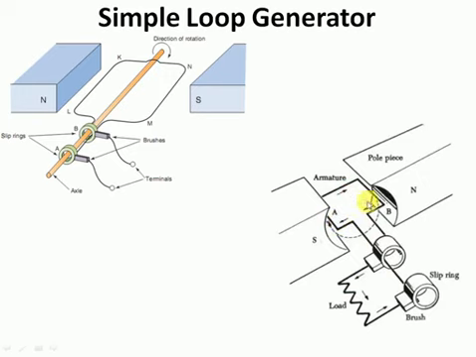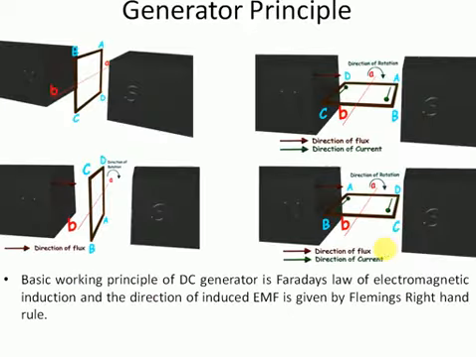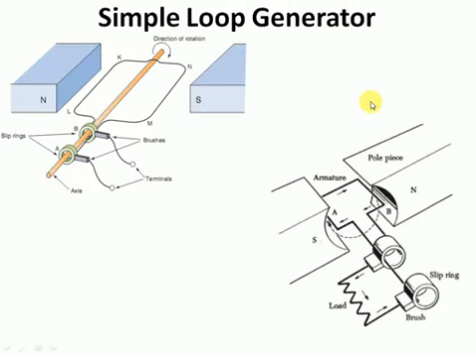The direction of current will be like this during this position, and after 180 degrees of rotation definitely the direction of current will get reversed, and the new direction of current will be like this. See how I am moving the cursor, it's very clear for you. See, now the direction of current has been reversed after 180 degrees of rotation.